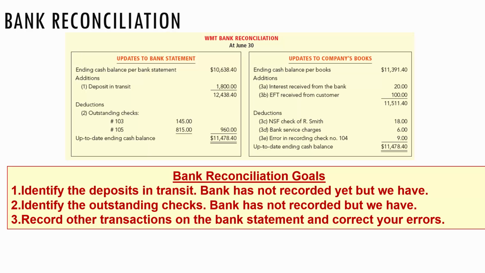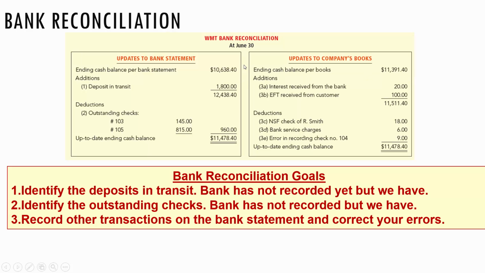The standard bank reconciliation form, which everyone should be very familiar with and feel good about using, starts with the bank account balance, the ending balance on the bank, on one side, so the bank's on one side and the company is on the other side. This is our ledger balance from our ledger account.